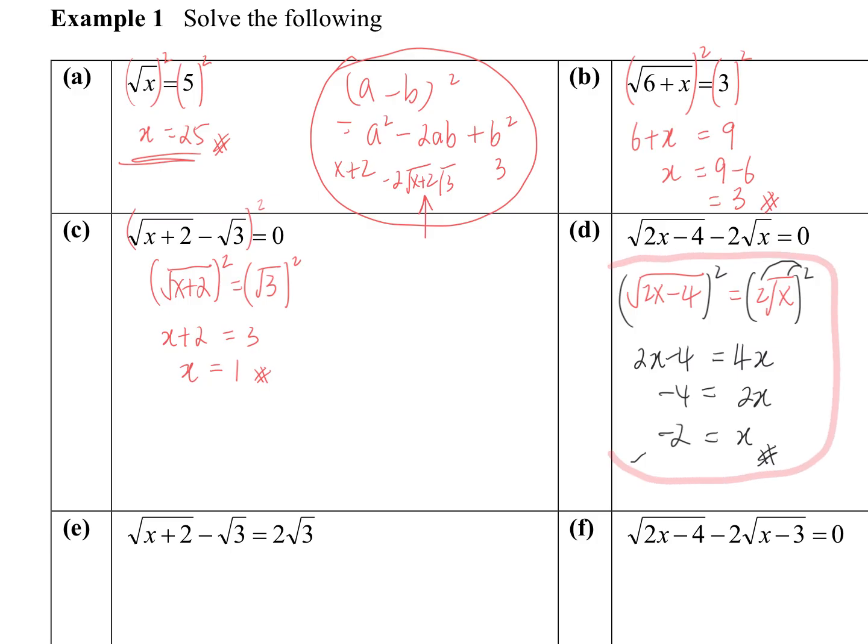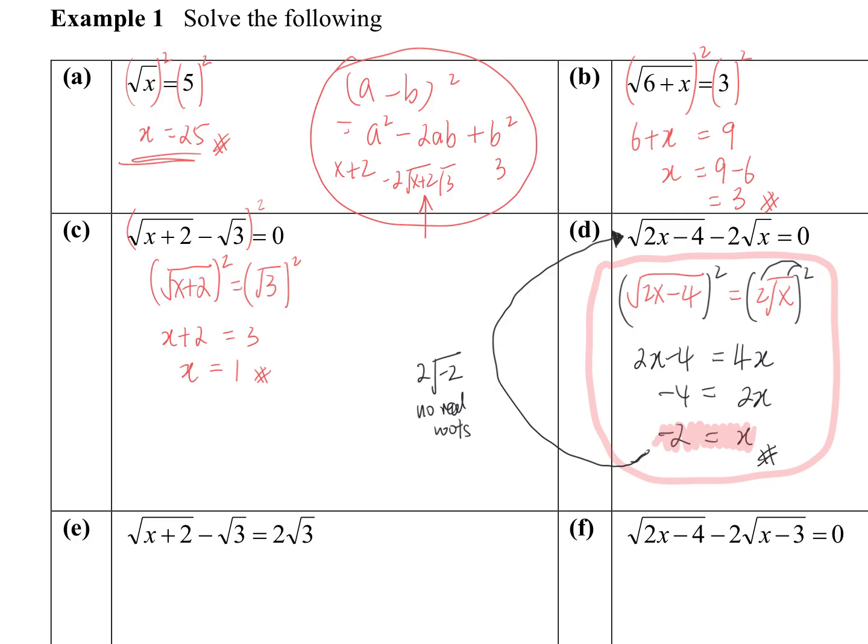If we try to sub this back into the equation, do you realize that actually this is a forced solution that doesn't work? Because when you put in -2, it will give you no real roots. So actually this question is nonsense. That means when we craft this question for you, there's no solution for it.